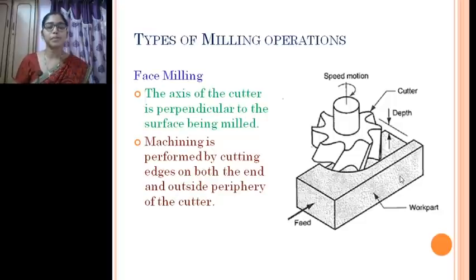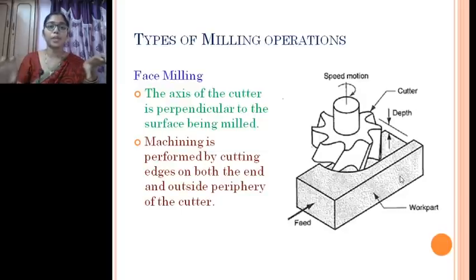What is the difference between these two? The main difference is that when you perform the operation using a lathe machine, even though the initial cross section of the workpiece you are holding is square or rectangular, when you do the machining with a single point cutting tool, at the end of the operation you get a cylindrical or circular cross section.